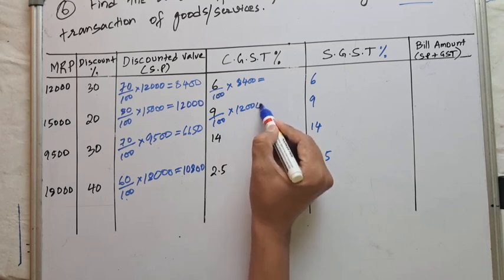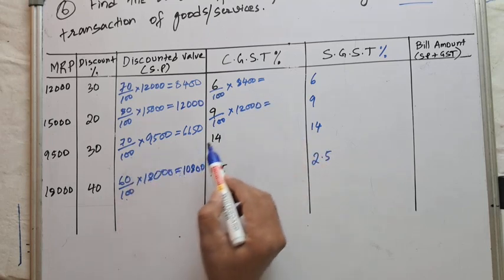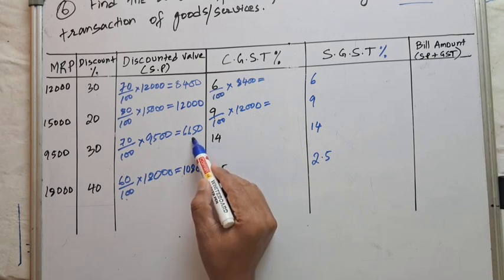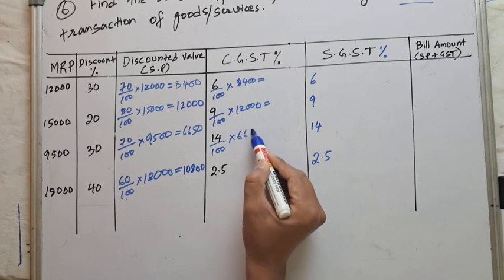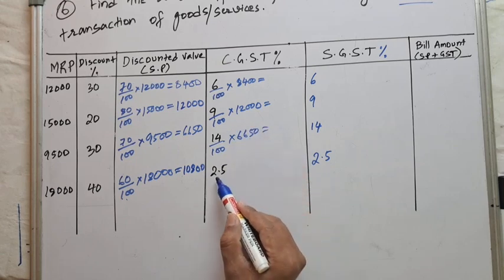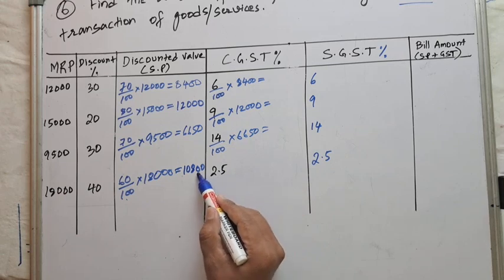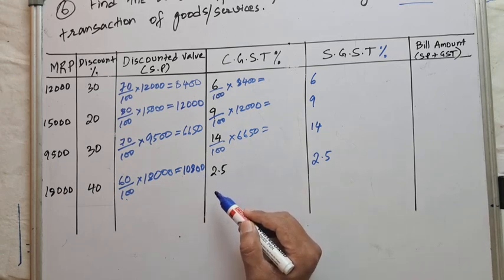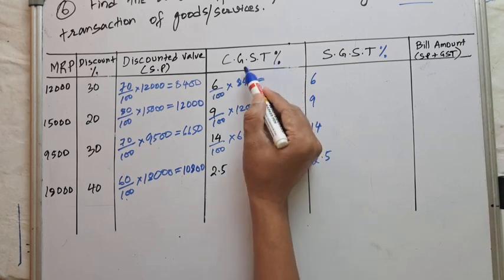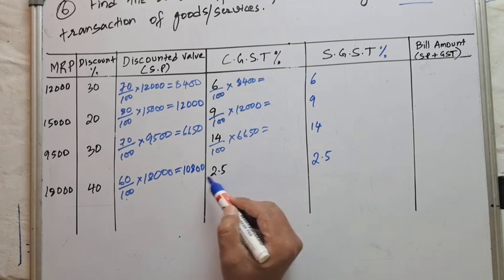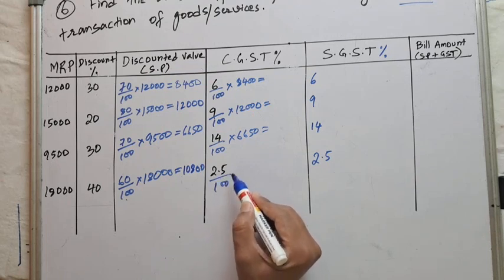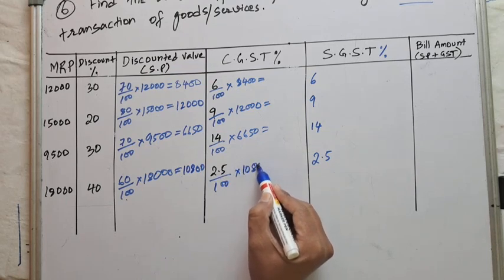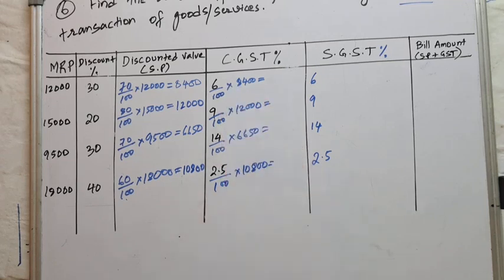Again, 14% of 6,650. Similarly, 2.5% of 10,800. Please remember, tax is always calculated on the selling price, never on the marked price. So 2.5% CGST means 2.5% of the discounted value or the selling price, 10,800. Now let us calculate these values.